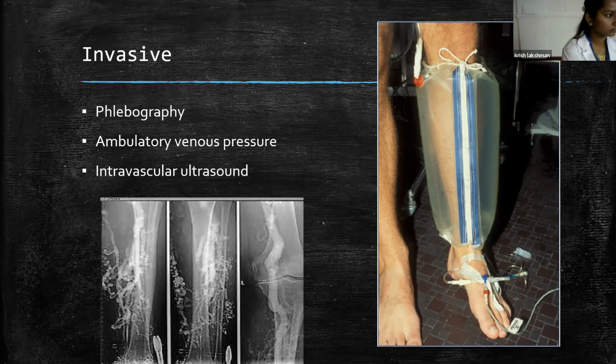What information do you seek in a Doppler? That's what you're going to say, right? Venous Doppler. What are the things you will look for, or ask from the radiologist, that you want?